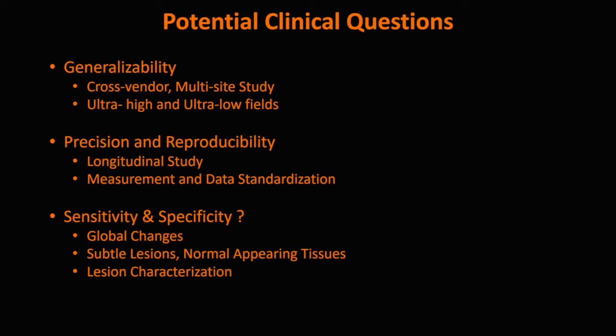Whether the quantitative numbers are more sensitive to identify subtle lesions or maybe identify abnormalities in normal appearing tissues. And finally, if we have all the numbers for different types of diseases or lesions, are we able to use those numbers to characterize lesions and better classify different maybe disease types? Because I put a question mark here, that really requires a lot of clinical studies and larger patient numbers.